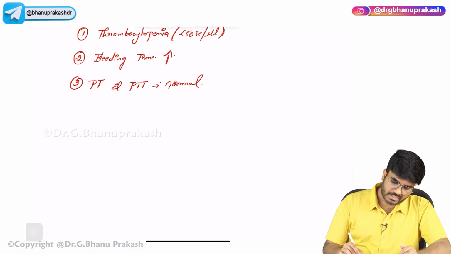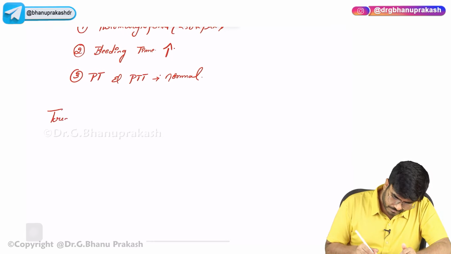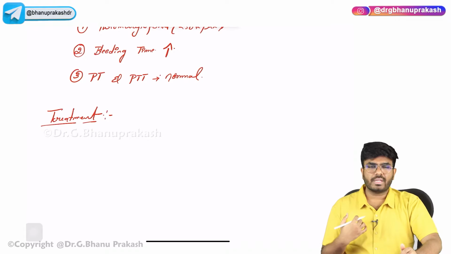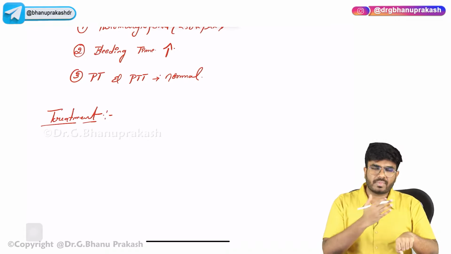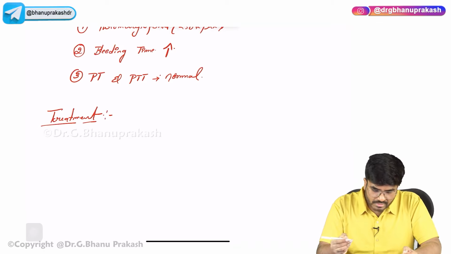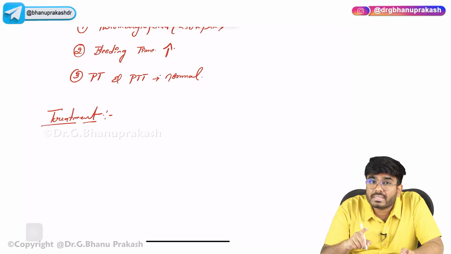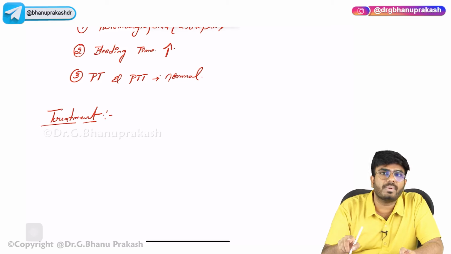Now, for these patients, what is the treatment that we are going to give? You know the clinical features: mucosal bleeding is going to occur, and when the patient has a wound, bleeding is going to occur for a long time. In this patient the culprit is the spleen, which is producing the antibodies and consuming the platelets.